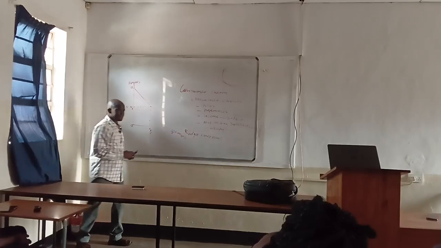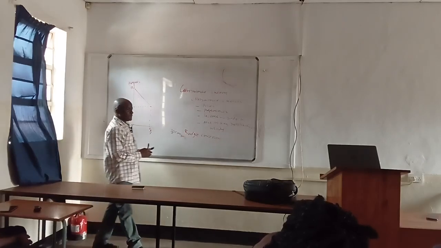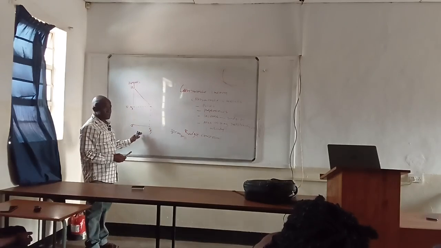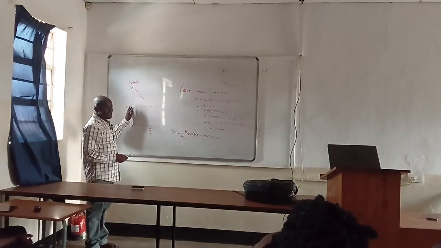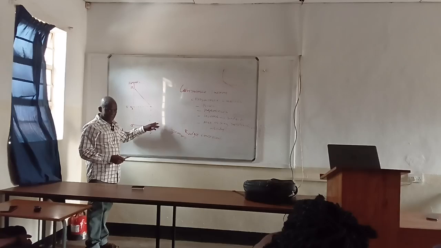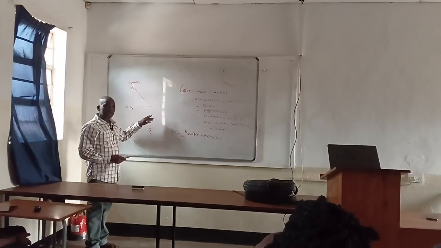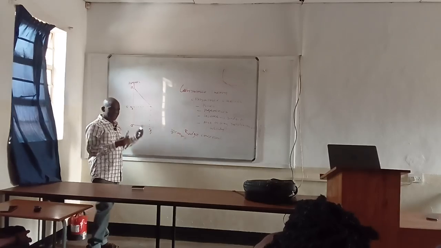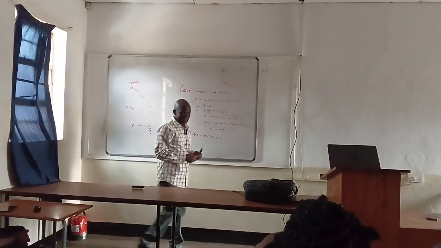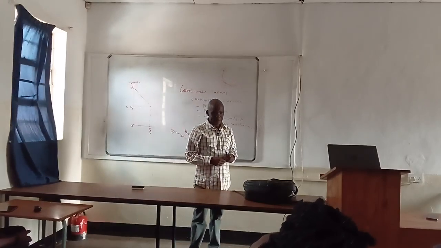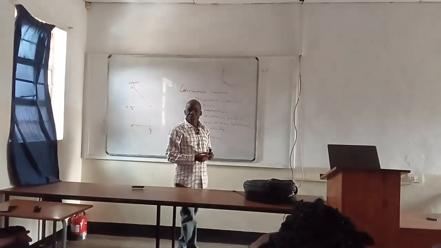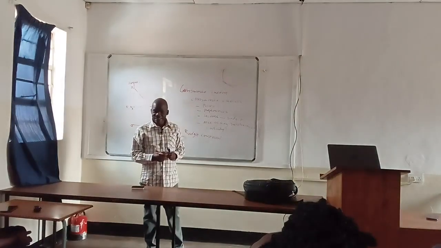Now, this one is a budget constraint. Now, you want to find the level of happiness that you are attaining. Utilities that you can attain.